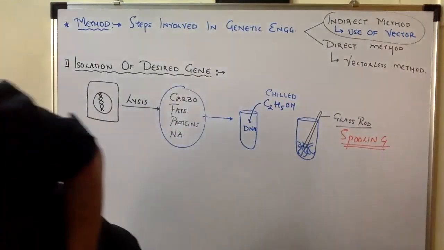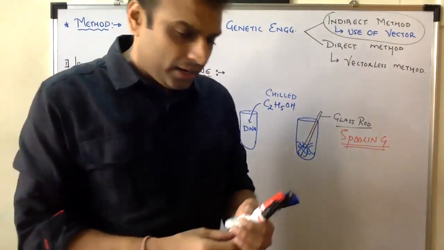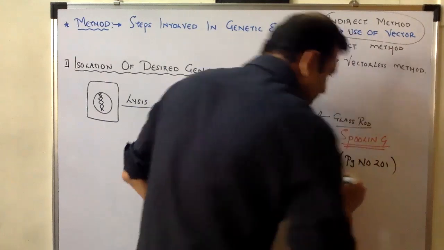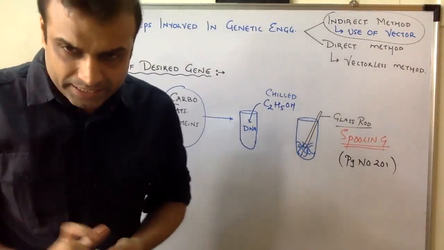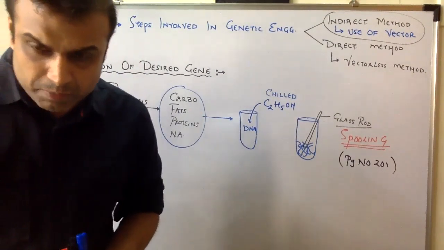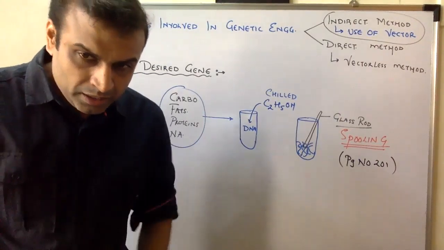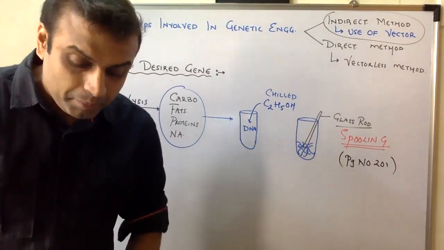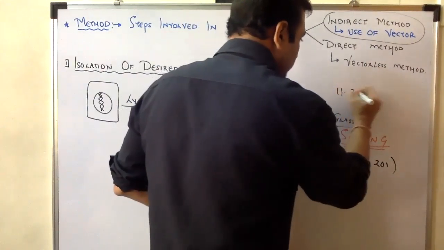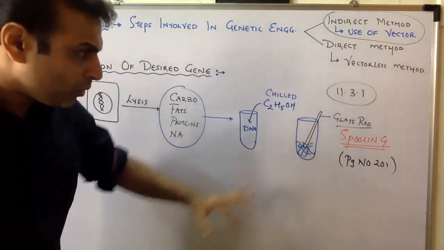Now you can actually take out your NCERT book and come to page number 201. उस page number 201 पे you can see a diagram in which there is something called as spooling which has been written. Okay, so please observe that particular thing. Okay. So, if you also happen to read 11.3.1 from your NCERT book you will be clear with what I was actually explaining.